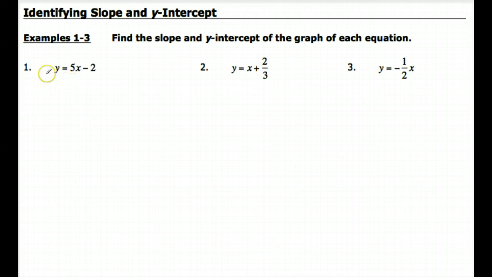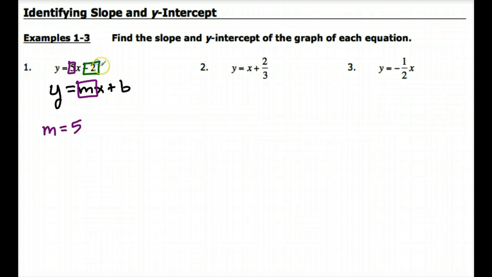Okay, well, again, slope-intercept form is this, y equals mx plus b form. Okay, so based on where these numbers are, we know that the 5 is actually our m value for this form. So my m value is equal to 5. My b value would be the constant, -2. Okay, so b is equal to -2.